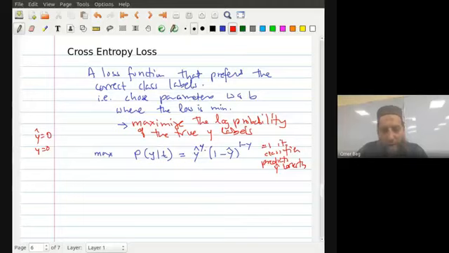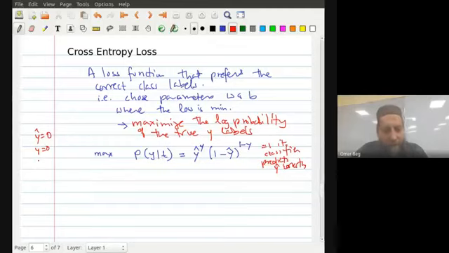So what's going to happen? Y hat 0 to the power 0 is going to be a 1, right? And in this case, 1 minus 0 is a 1, and 1 minus 0 is a 1. So 1 multiplied by 1 would give you a 1.